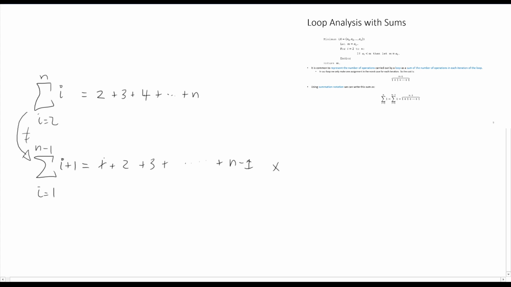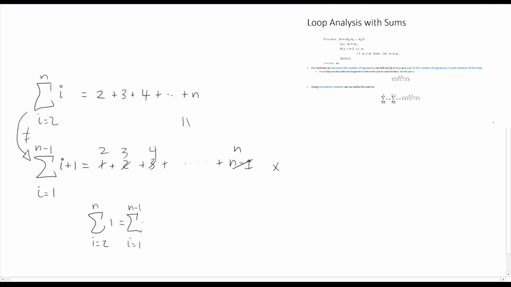And now you'll notice that would change that to a 2, that to a 3, that to a 4, and finally that to an n, which now would be equal to each other. So we could do that, but what was the sum we were looking at? We were looking at i equals 2 to n of 1. And I'm saying, in this case, when I do minus 1 to each, I have to do plus 1 to each occurrence of i in this formula.